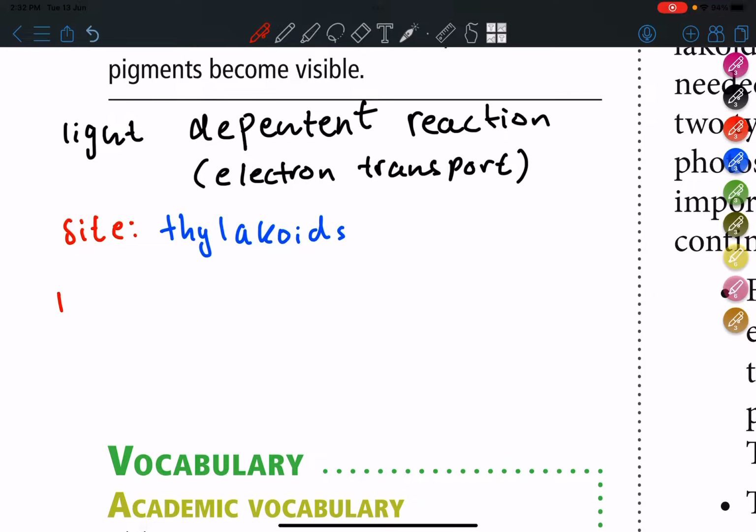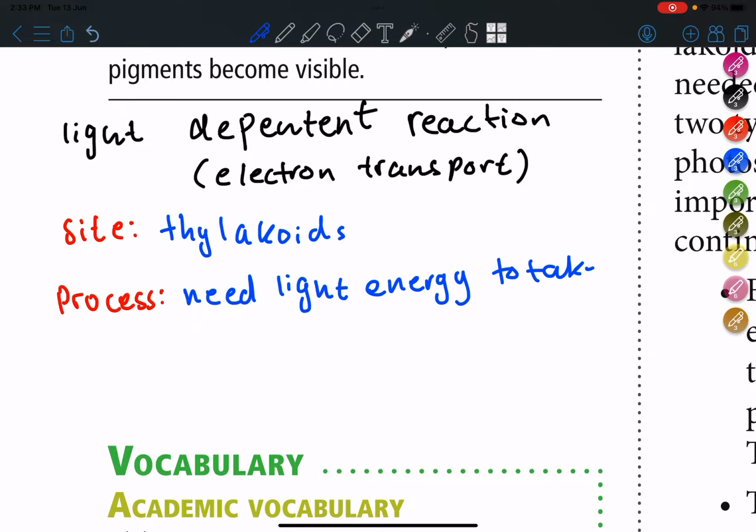What does the process need? Or what does the process do? You can say it needs light energy. The process needs light energy to take place. And we will see in a moment why we need the light energy as we look at the specific steps.